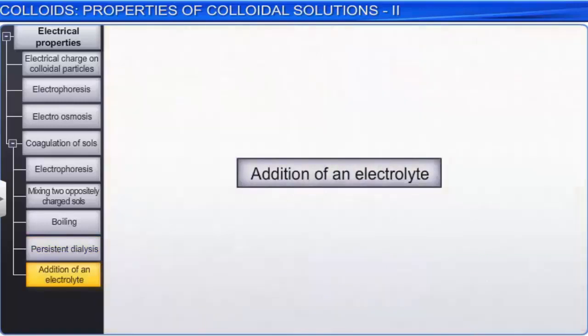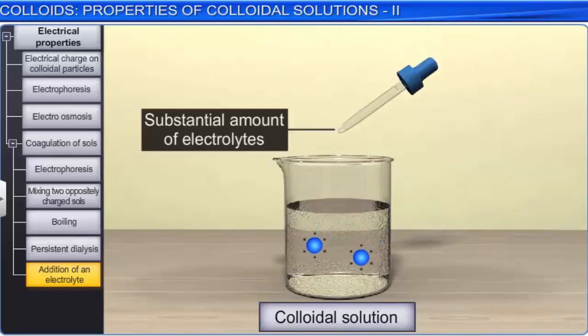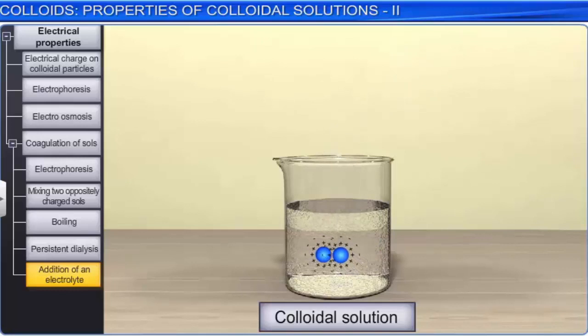The most important and useful method of coagulating sols is by adding an electrolyte. While traces of electrolytes are essential for stability, adding substantial amounts brings about the precipitation of colloids, as it completely neutralizes the charge on the colloidal particles.